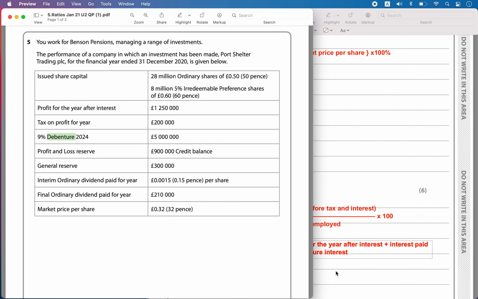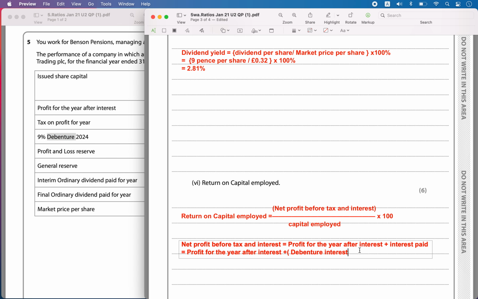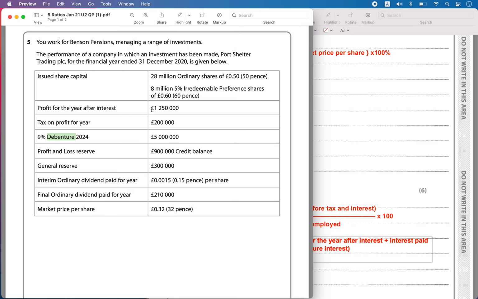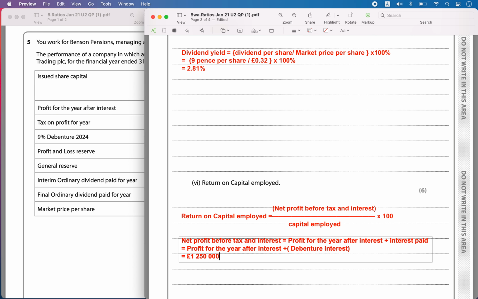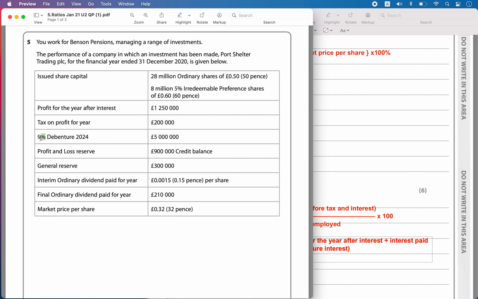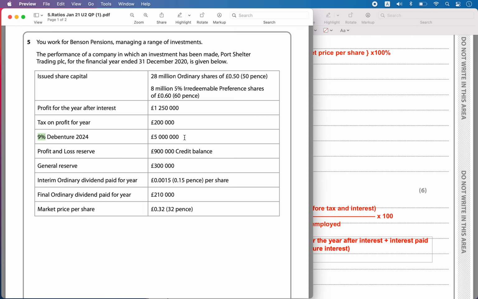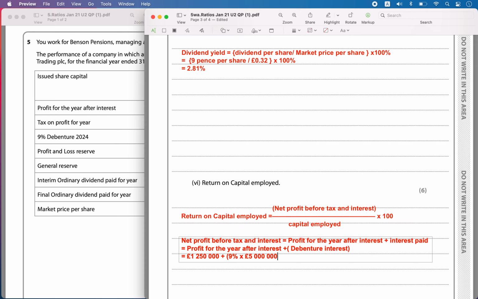Okay, so debenture interest is the only interest that was paid. So that is going to be equal to profit for the year after the interest, 1,250,000 pounds, plus the debenture interest that was paid, which was 9% of the debenture value.